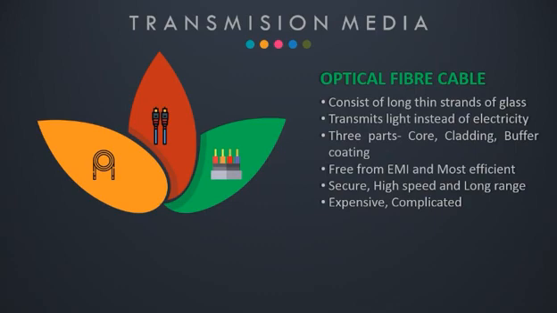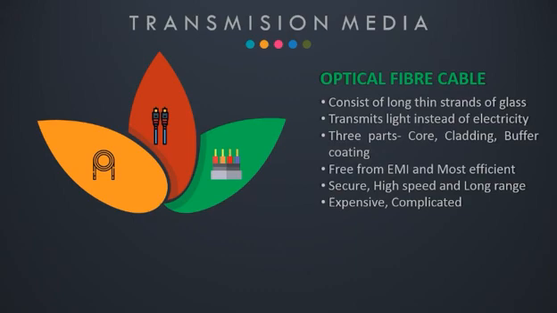Next one is cladding. It is the outer optical material surrounding the core that reflects the light back to the core again. Then finally buffer coating. It is the plastic coating that protects the cable from damage and moisture. In physics you have learned about total internal reflection.